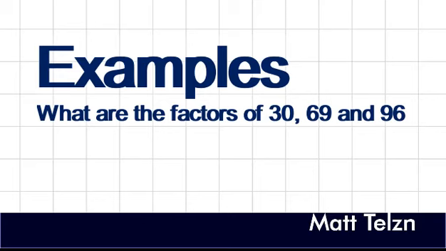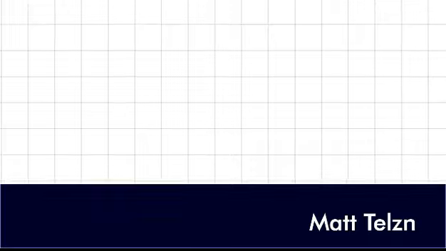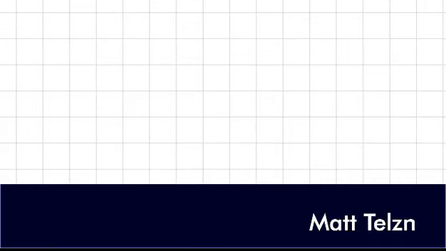We start with 30. For example, we have 30. We want to look at the factors of 30. What are the set of numbers that when you multiply together will give you 30?